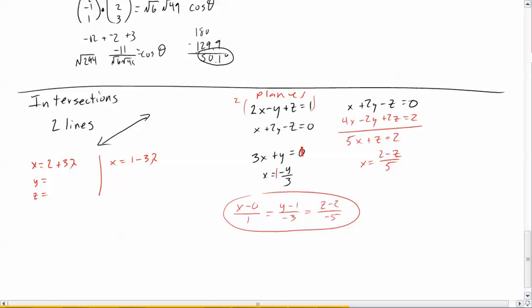If the lambda is the same for all three pieces, then that means that you've done it correctly, and that there is an actual intersection of the two lines. If you get conflicting lambdas, that means that it's skew. And if you find that the two lines are the same, then obviously they're parallel.